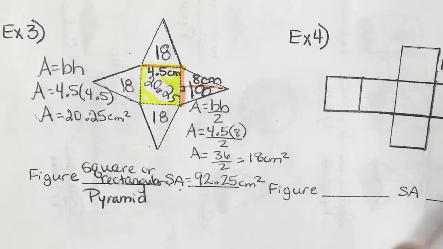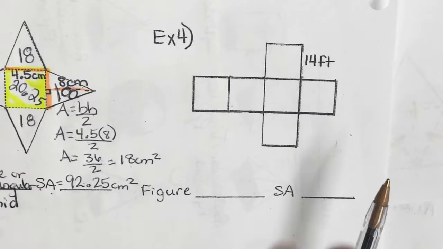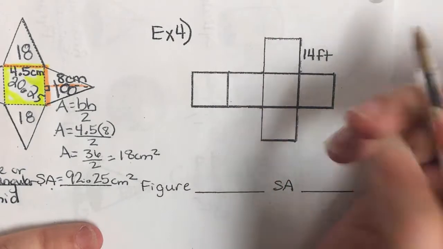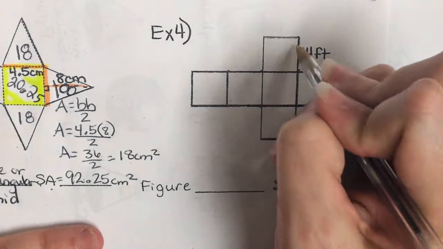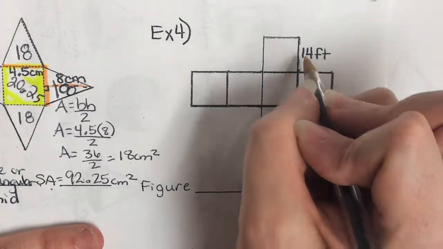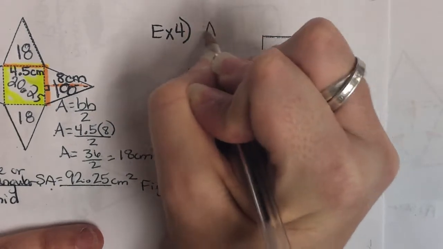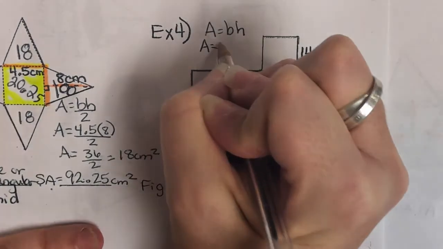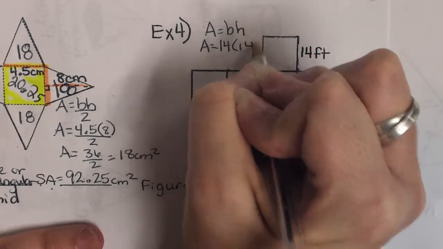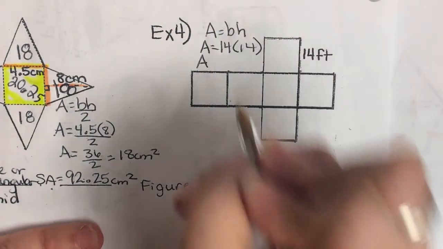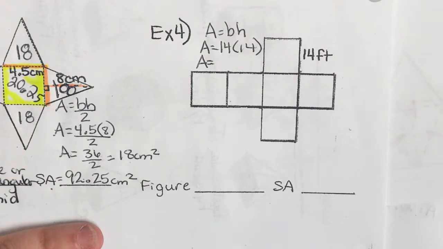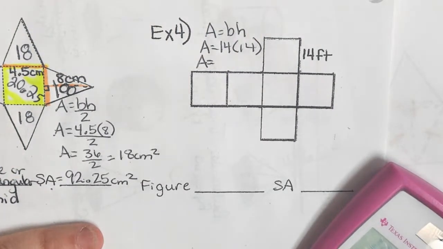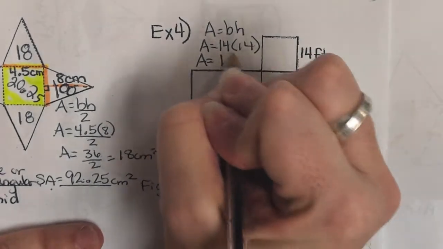Okay, number 4 is the easiest to me because all the dimensions are the same. Okay, you just have to assume it because they didn't give you any other numbers. So, looking at this one, A equals base times height. 14 times 14. I don't remember. 196? Yes, 196.